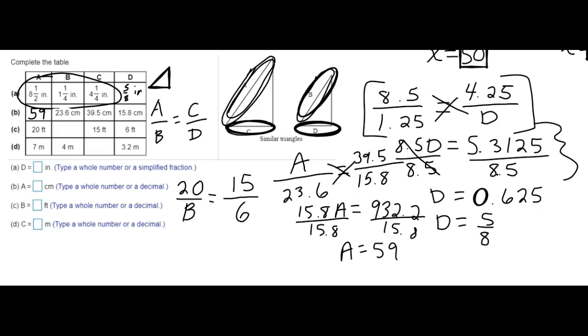I didn't have to memorize that formula. I just understand that the long side of the larger triangle divided by the long side of the shorter triangle is equal to the ratio of the short side of the large triangle, this one, divided by the shorter side of the small triangle.